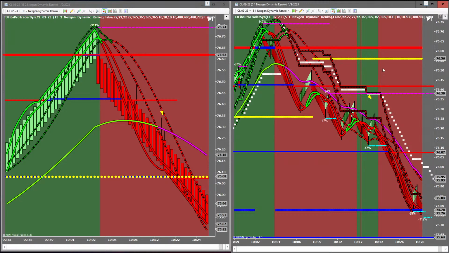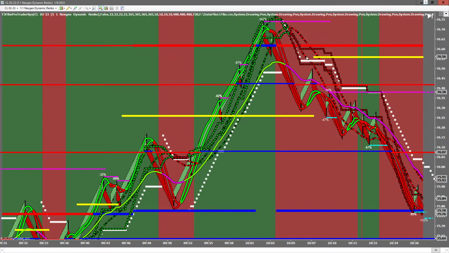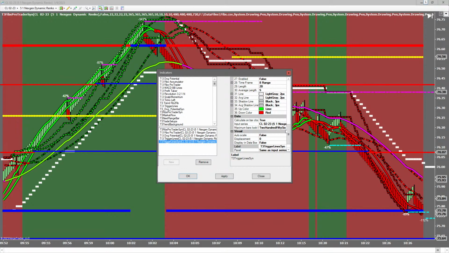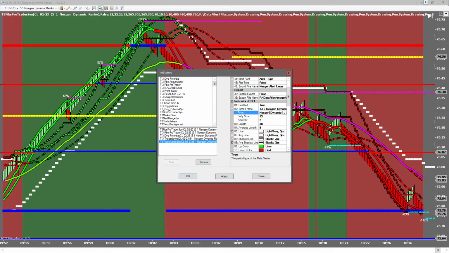That's your look. And look, if I put the other one back on, watch. If I change the 13-2 triggers back to a range chart, so I'll change it to an 8 range chart. Everybody understand what I'm doing?